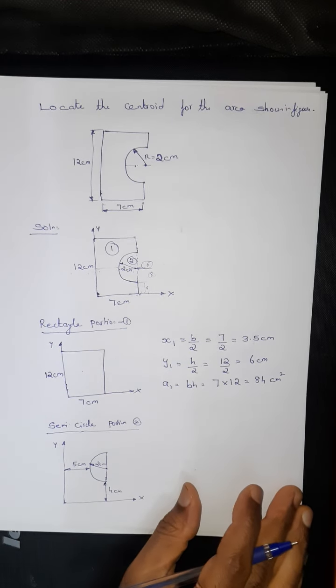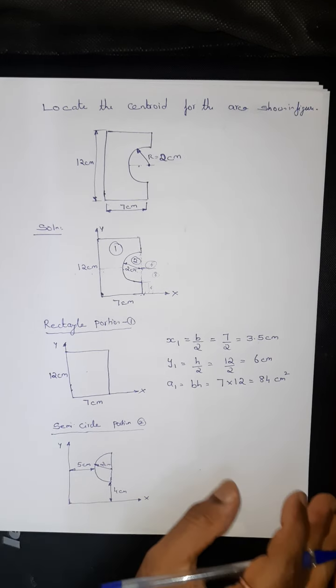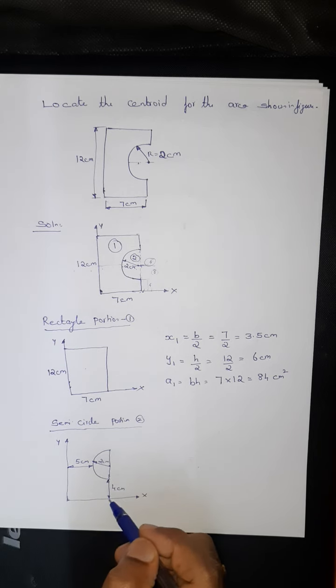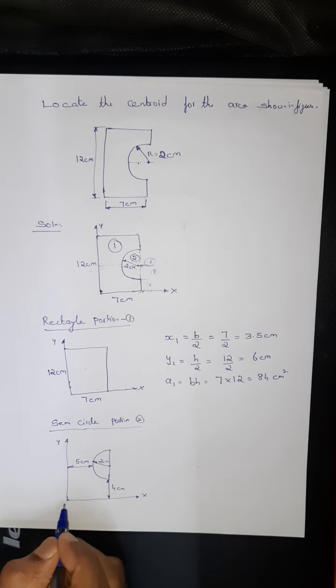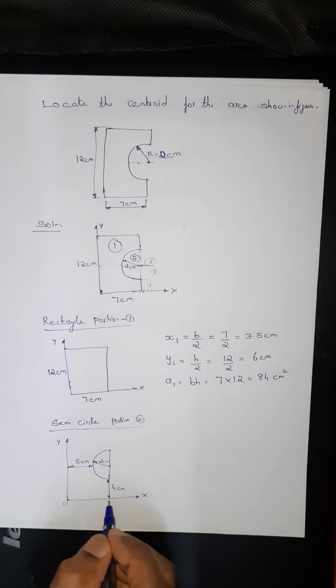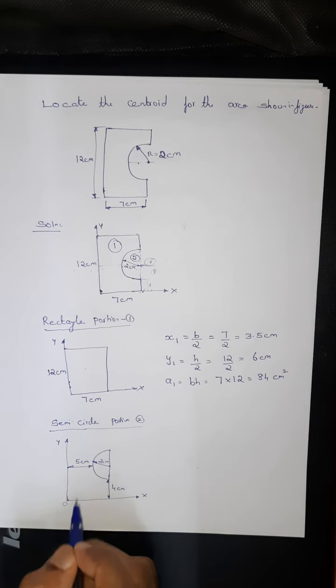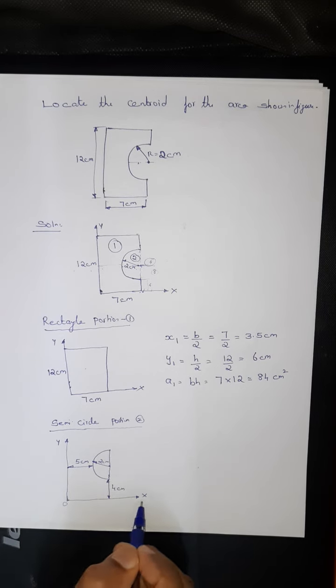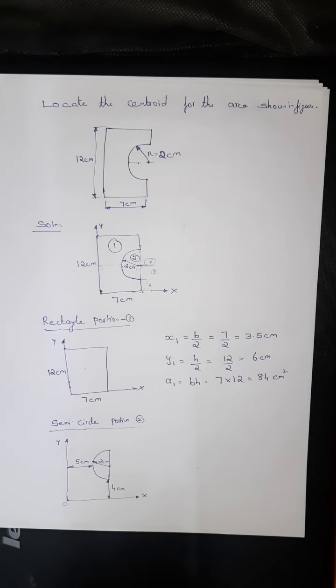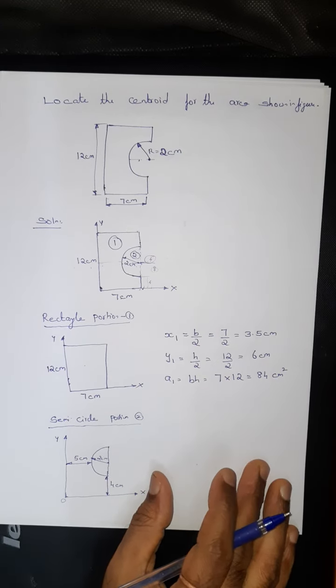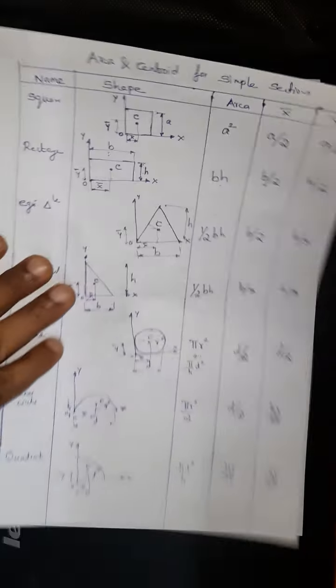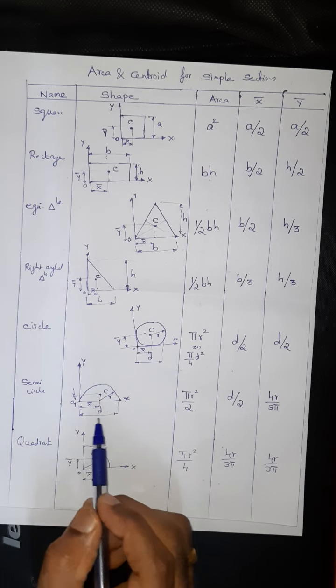You have to be very careful while solving such problems, because how far it is from the reference axis, that is the origin, with respect to the y-axis how far it is, and with respect to the x-axis how far it is, right? Now let me show the formula which I taught you for the semicircle.